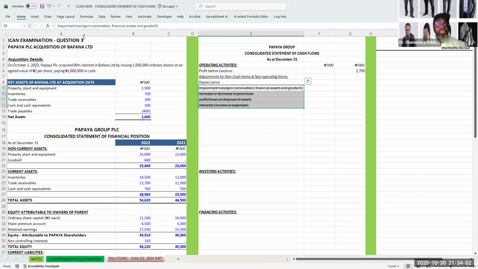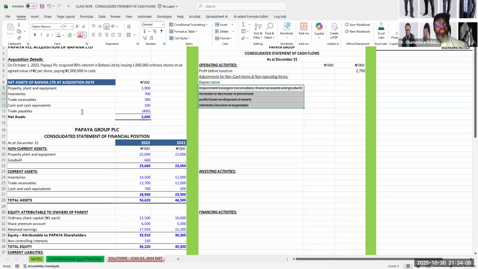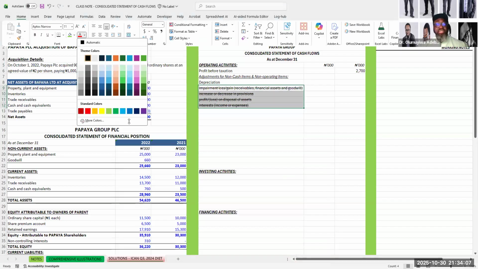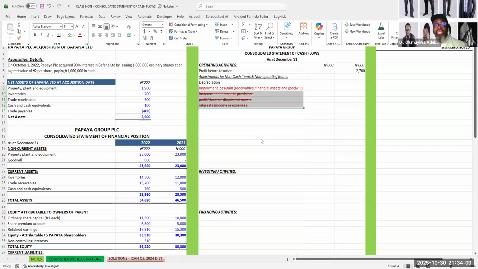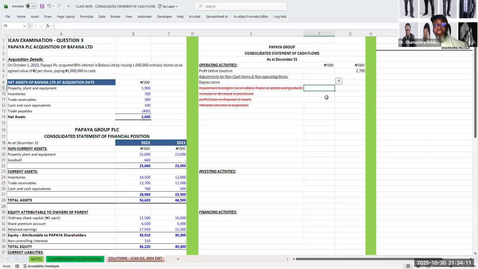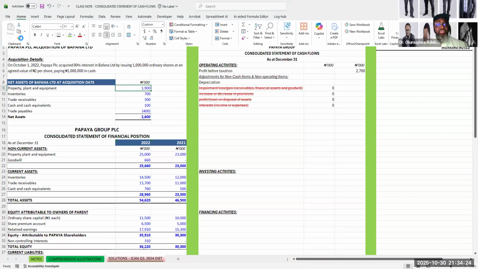And let me put them in so that you are aware in the next question. But there's none of them here. In exam, you are not expected to do what I've done. I'm only doing this for knowledge's sake. Okay, just take note of that.